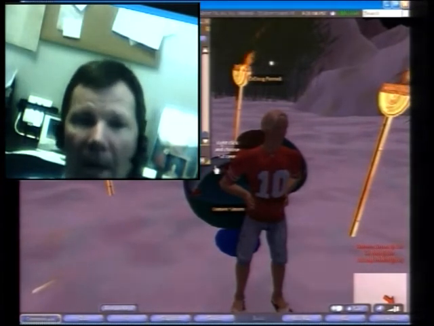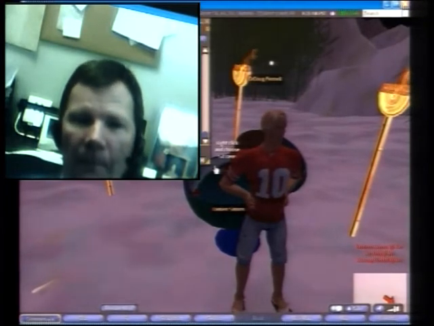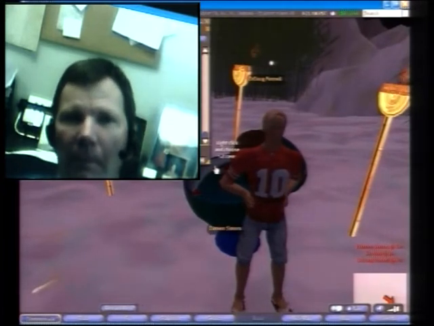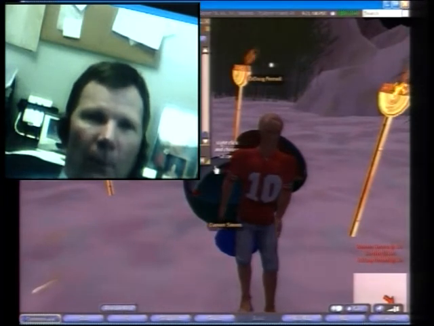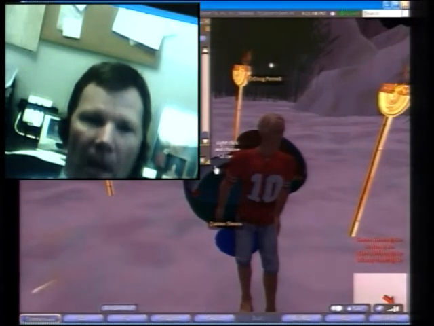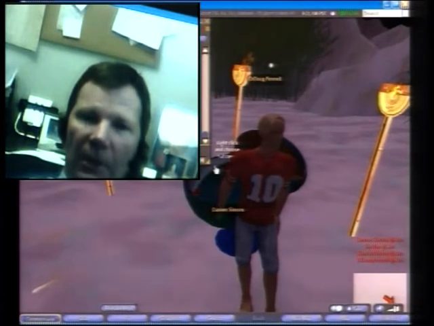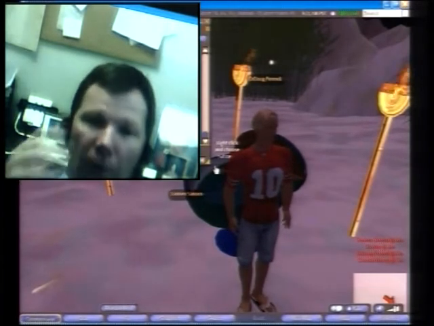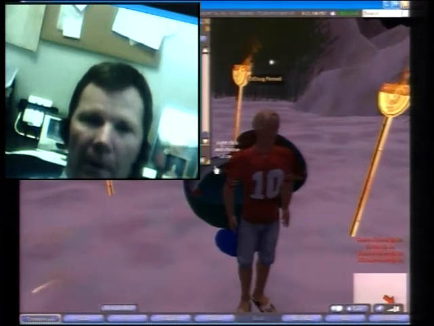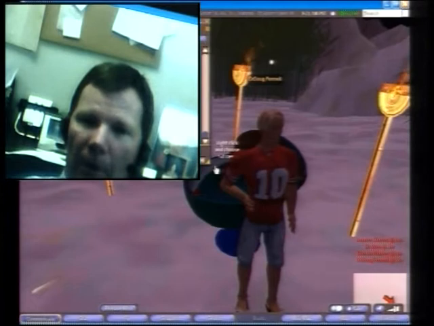Because for me, the two most powerful aspects of Second Life are the immersive nature and the fact that you can create unique opportunities to visualize structures that obviously don't exist in the real world, and the ability for people from remote regions to come together in small groups to discuss specific topics for learning opportunities. So I thought maybe those two strengths of Second Life might be useful for this sort of learning opportunity that I tried to create.